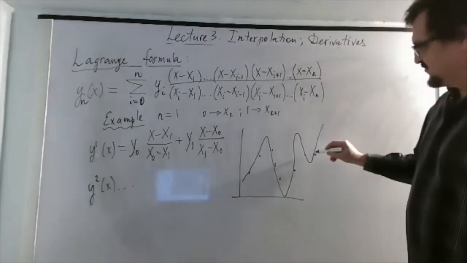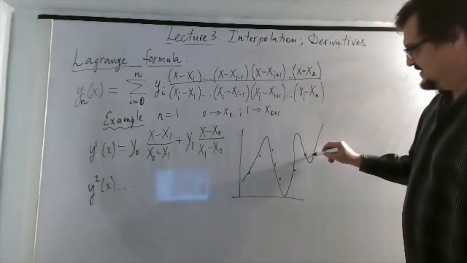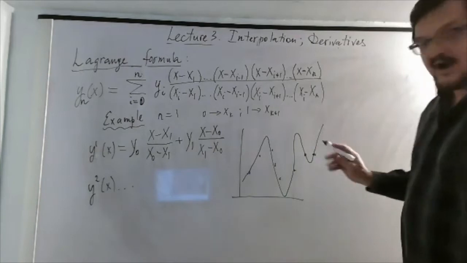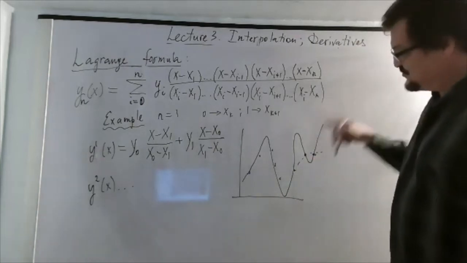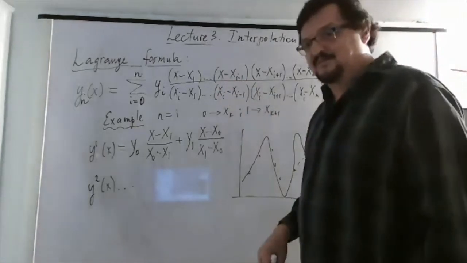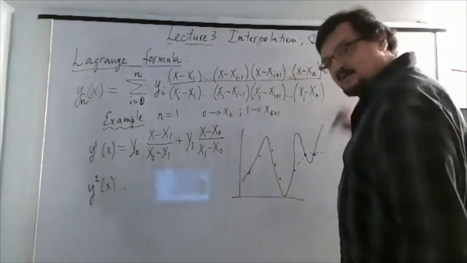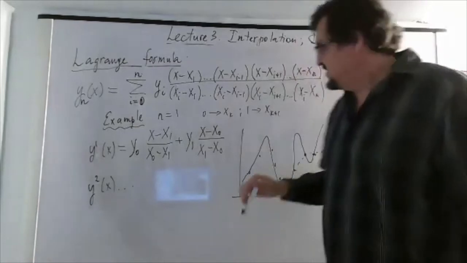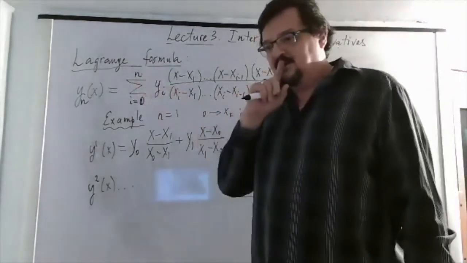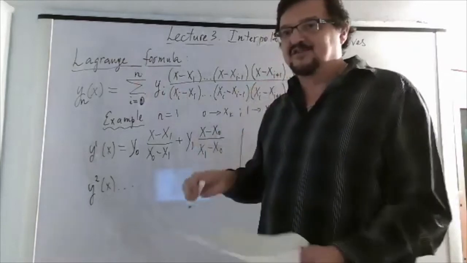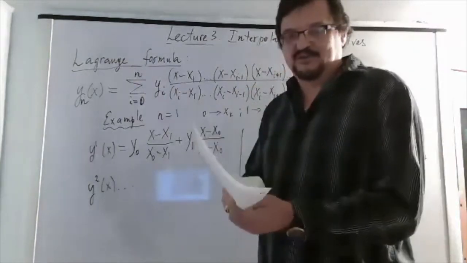And maybe this is not what you want. Like see here, maybe it should go something like that. But if you actually use actual fit of polynomial, it may be some weird function, especially when it's a high order polynomial. So I would highly discourage using high order polynomials for interpolation.